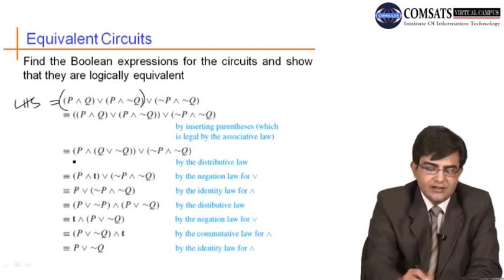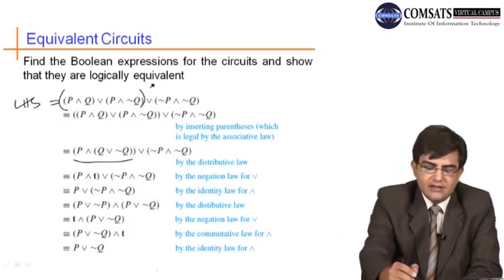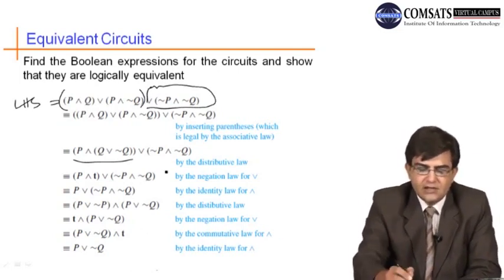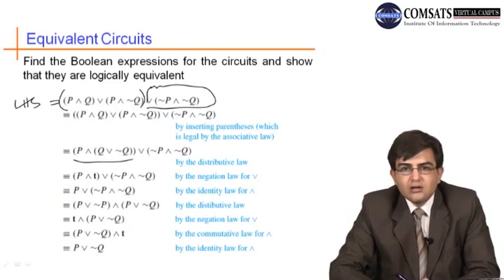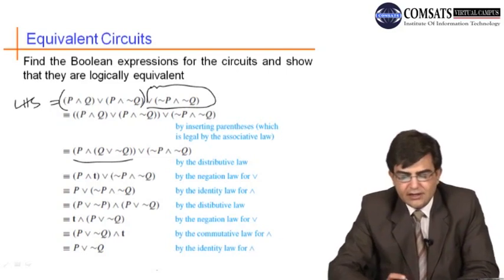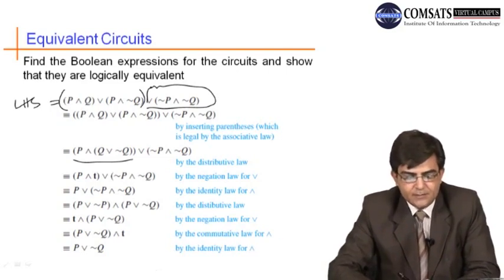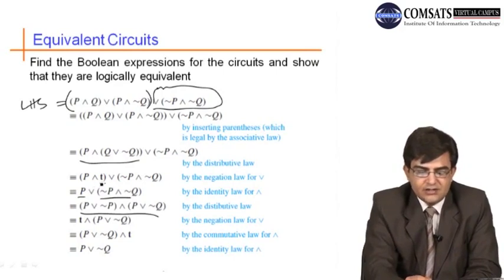We obtain P and (Q or not Q), and the rest will be the same: or not P and not Q. Q or not Q is a tautology by the negation law, so we write P and T. P and T is equivalent to P by the identity law.